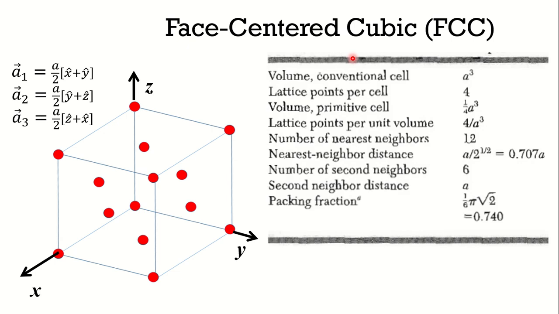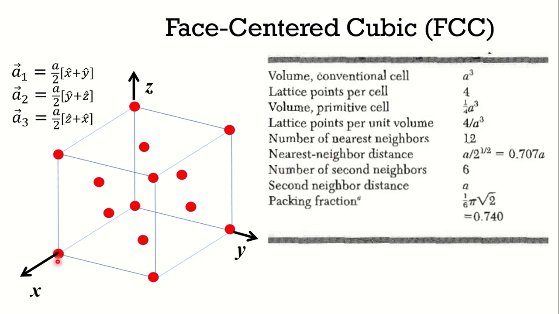So what is the volume of the conventional cell? Obviously a cube. Lattice points per cell is 4, 1 because of the corner points, 3 because of these face centered points. Volume of the primitive unit cell is obviously a cube by 4. The density is 4 by a cube. Now the number of nearest neighbors.